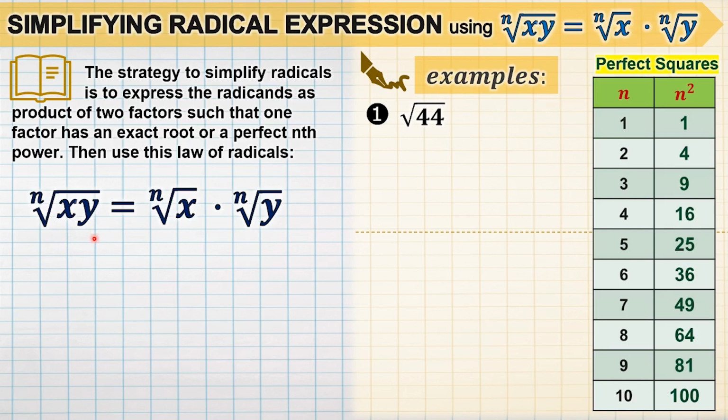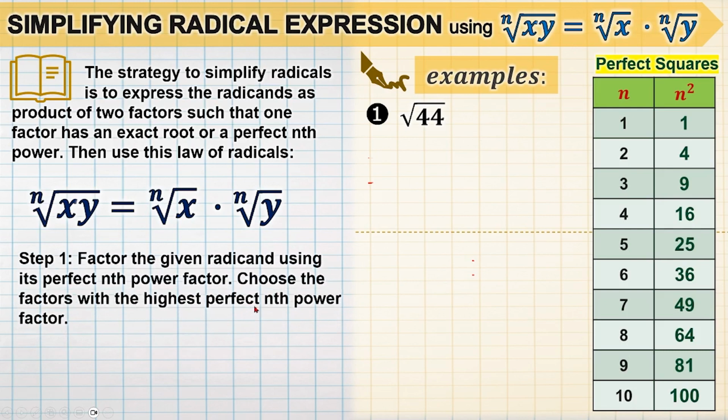The nth root of x times y is equal to the nth root of x times the nth root of y. Ngayon, para malaman natin kung paano natin magagamit itong law na ito, let's try to simplify square root of 44. So, step number 1 is for us to factor this given radicand 44 to its perfect nth power factor. Then, after that, choose the factors with the highest perfect nth power factor.